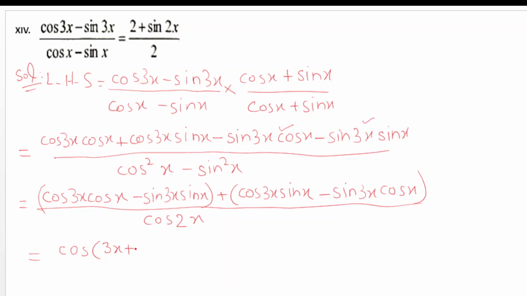So let me do 3x plus x here, sin of 3x minus x like this, and at the bottom it remains the same, cos 2x.